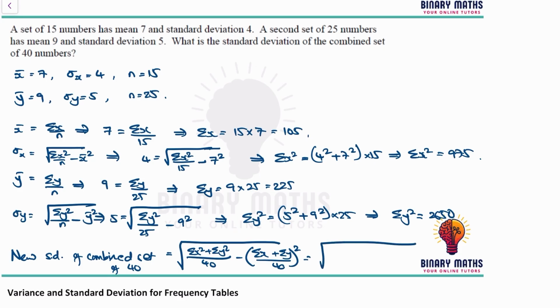That is the same thing as the square root of 975 plus 2650 over 40 minus 105 plus 225 over 40, all squared. I put this into my calculator and I end up getting 4.75.